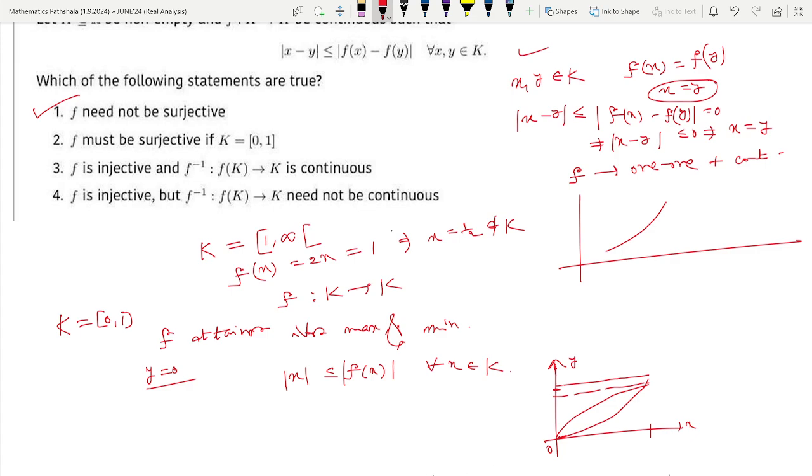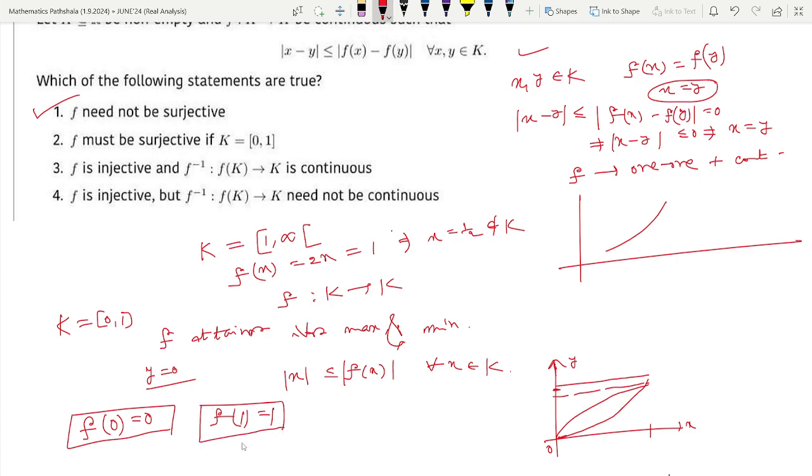So for this, actually here we will prove that f(0) must be equal to 0 and also f(1) must be equal to 1.